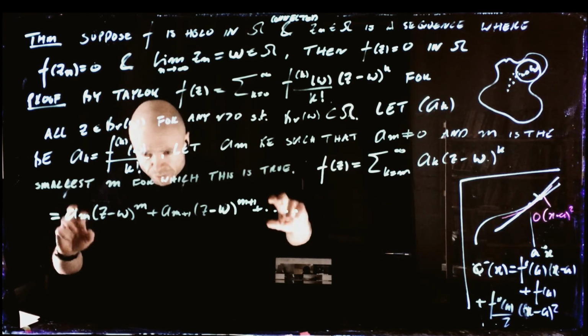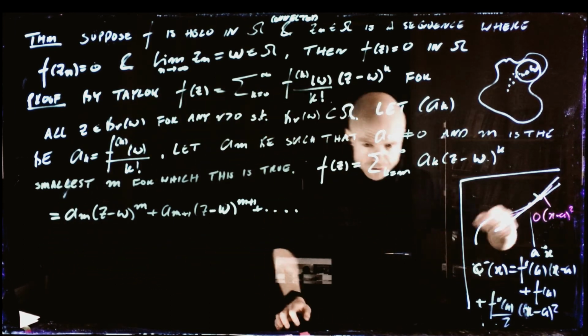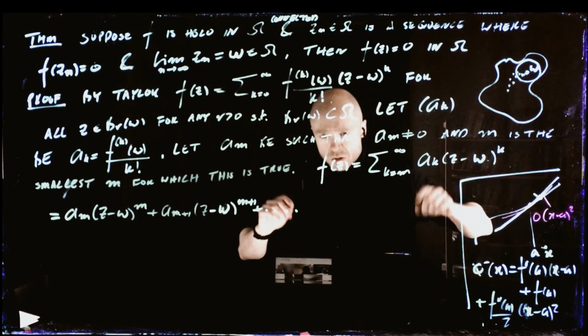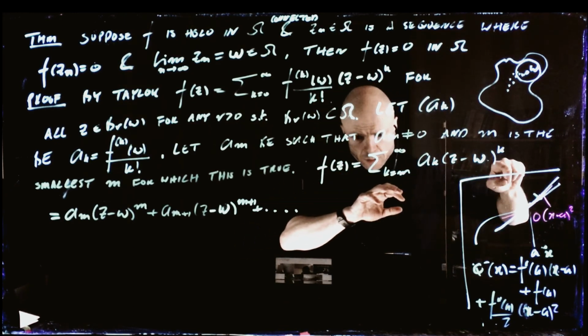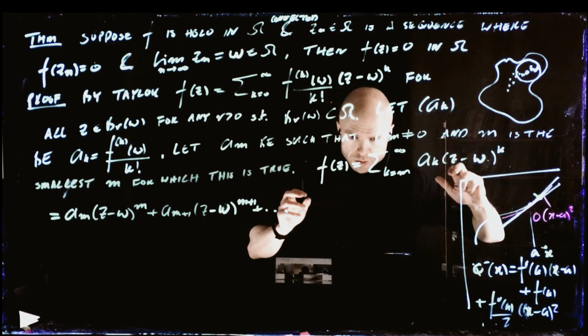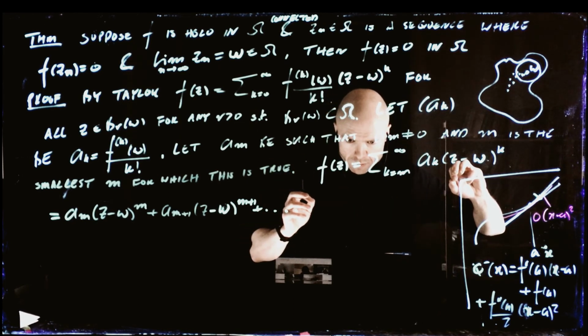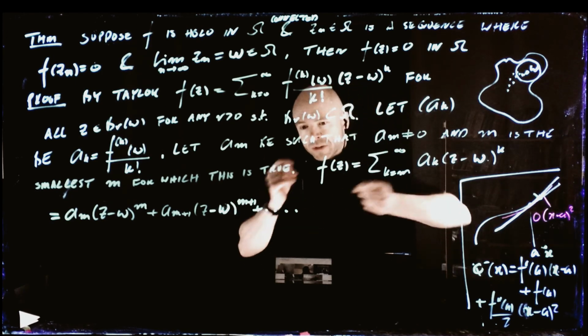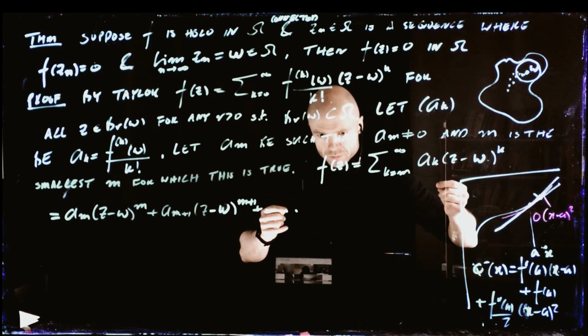This is our equivalent of replacing a function by a tangent line, except that we don't know when this starts to be non-zero. It could be a_1, and then it would be the equivalent of a tangent line, but it might not be. It might be that m is 376. But it doesn't matter.